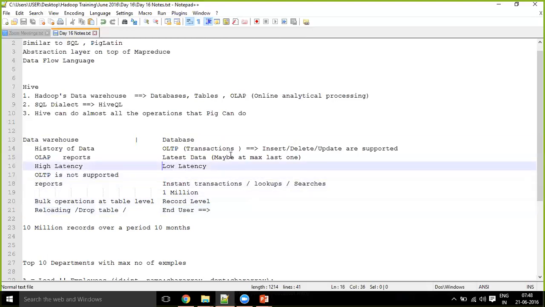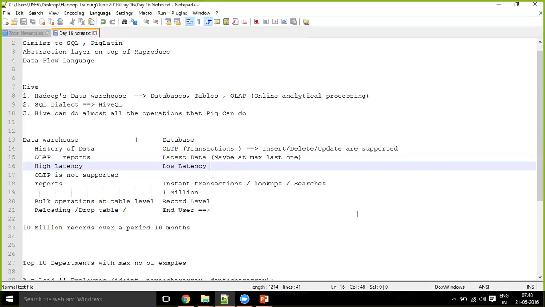So giving the results in quick time, in fast time, is called low latency. Latency is nothing but the response time. So how much turnaround time? Once you submit the query, within how many microseconds or milliseconds or seconds you are getting the response.